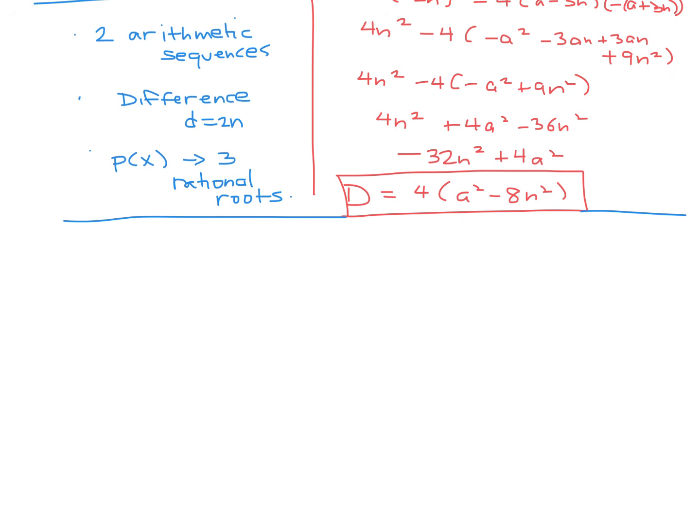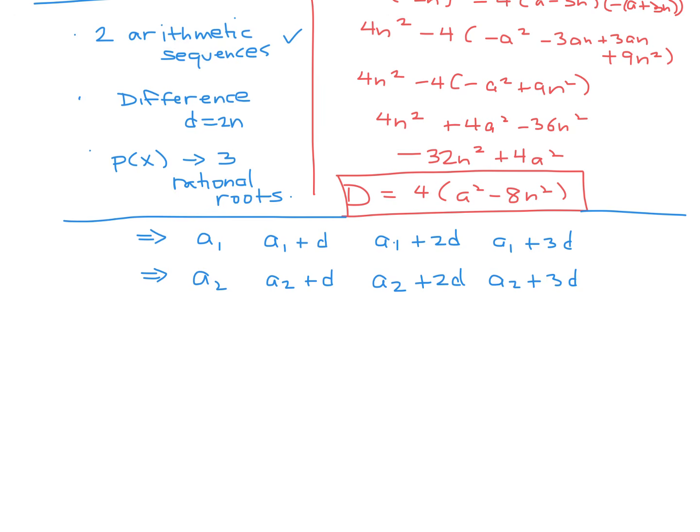The question really is saying, show that there's at least 2 positive integers a. So this is the first part, 2 arithmetic sequences. We have the first arithmetic sequence, let's say a1 plus d, a1 plus 2d, a1 plus 3d, right? That's the first, and then they're saying there's another one: a2 plus d, a2 plus 2d, a2 plus 3d, like that.